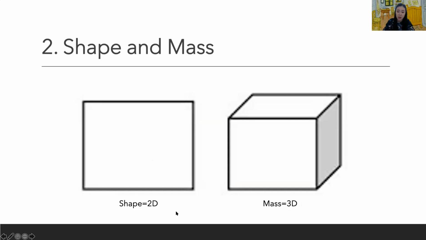Each shape within the image occupies an area with identifiable boundaries, and boundaries may be created by line. A mass is a three-dimensional form that occupies a volume of space. It consists of width, height, and depth.